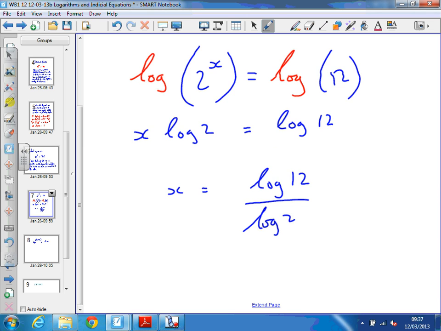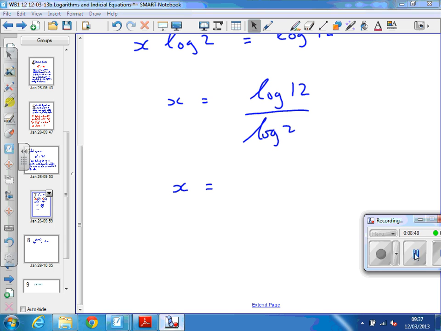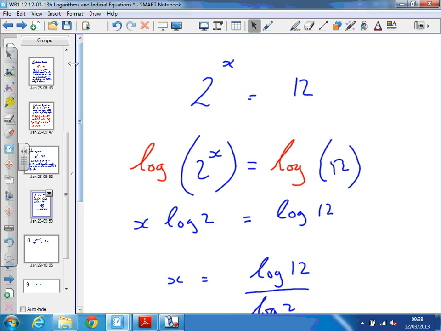And in the calculator I can calculate that. What is the log of 12 divided by the log of 2? So x equals 3.585 to 4 significant figures. Let's just look at this again and see the steps. There's the equation to solve.